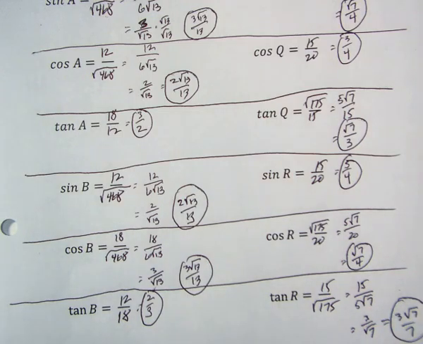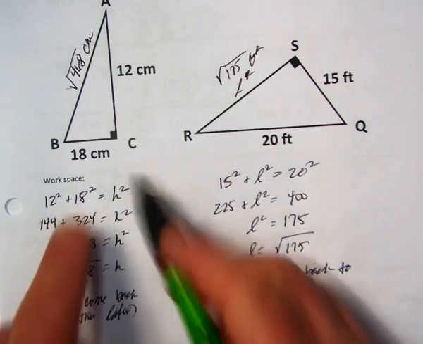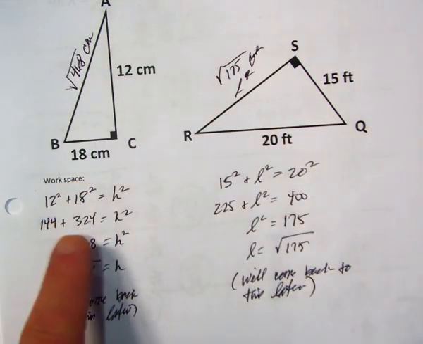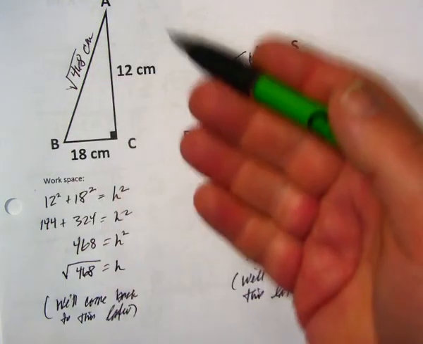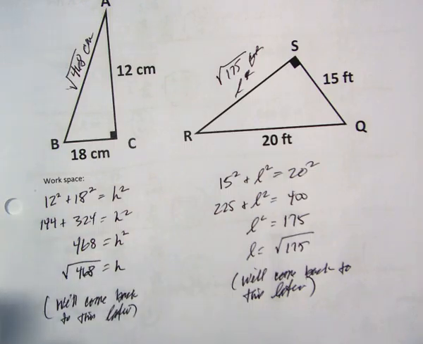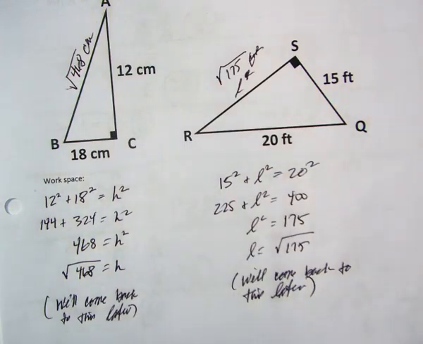A question could be: find the sine of A and the cosine of B. The sine of A and the cosine of B are going to be the same thing. But I could ask you to find the sine of A and the sine of B, and that's going to get you through this whole process that we've just been talking about today.